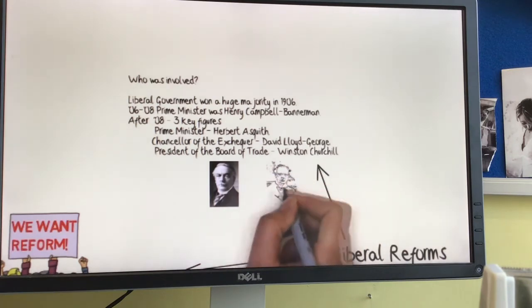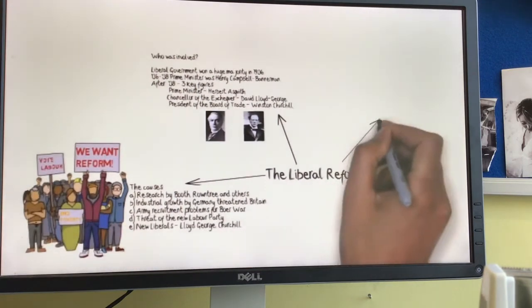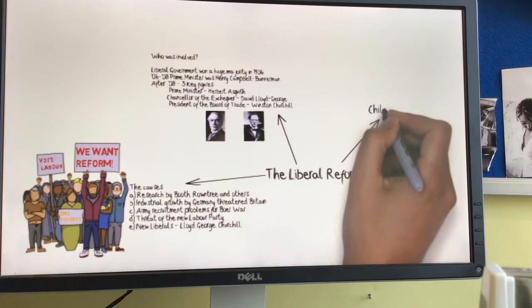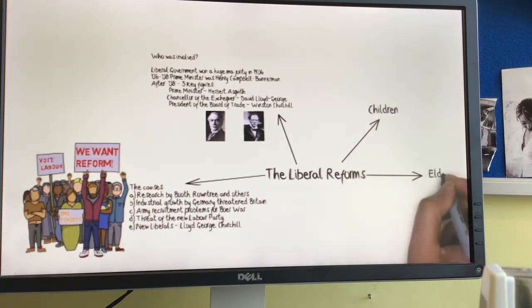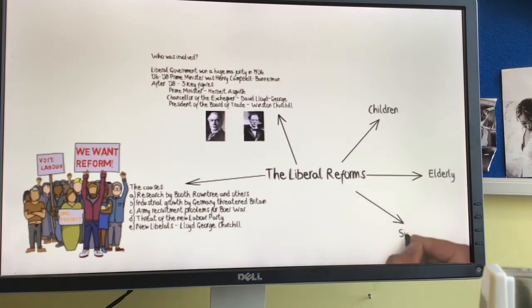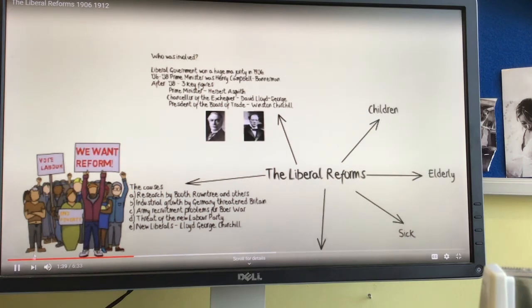The reforms themselves spanned the years 1906 to 1912 and covered legislation around assisting vulnerable groups in society. Children, the elderly. So those are the three key groups, and there's one more he's going to put in a minute. All of these reforms are actually targeting vulnerable people.